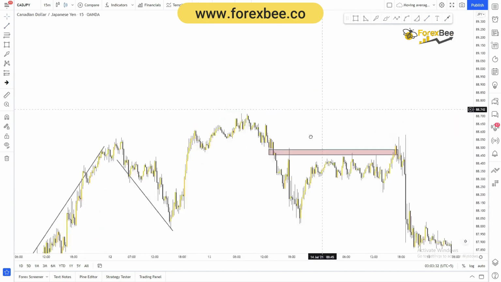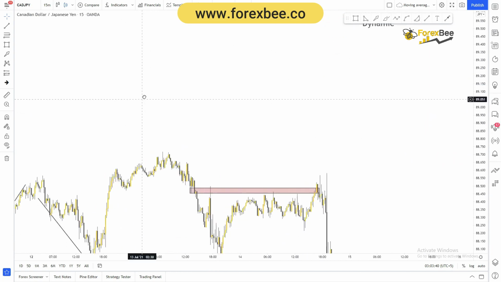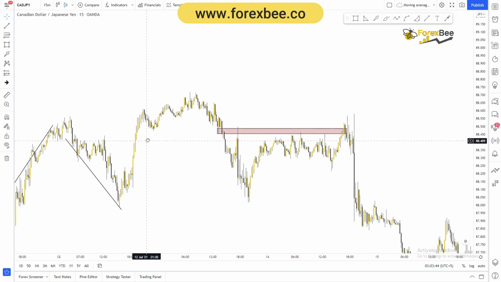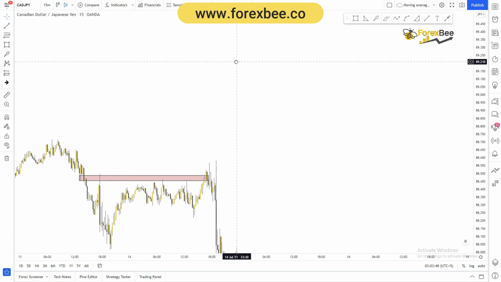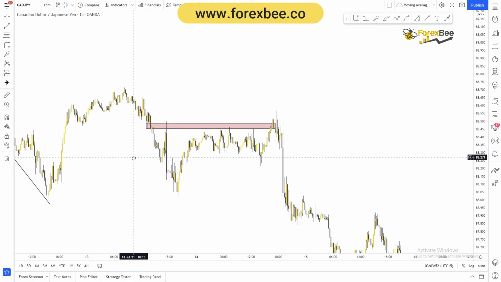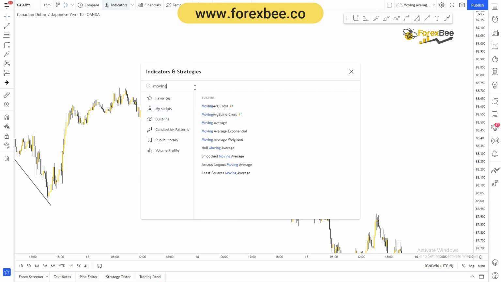The third type is basically the dynamic. So here's when the moving averages come in. So the dynamic support and resistances are basically the levels of the exponential moving averages, and the exponential moving averages act as the dynamic support and resistance because they change along with the candles. So let me just put the exponential moving average indicator so that you can understand.